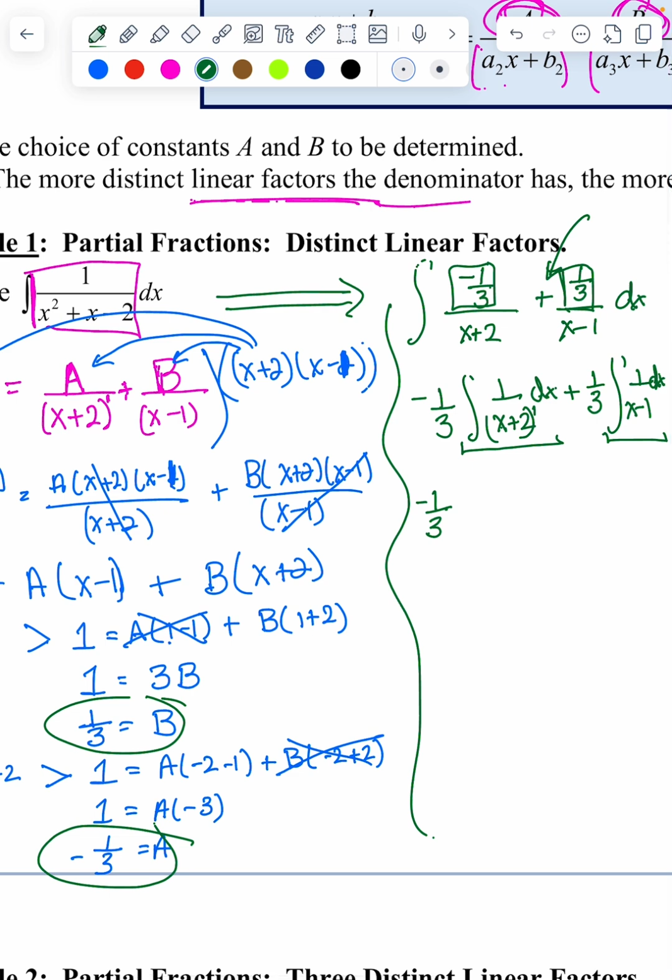It is just 1 over u. And we know that the integral of 1 over u is just ln of that u, divided by the derivative of the inside stuff, but the inside stuff is just x plus 2. So it's just the derivative of x, which is 1, plus 1/3 ln of u for the second guy as well, divided by 1, which of course doesn't matter, and plus c, and you're done.